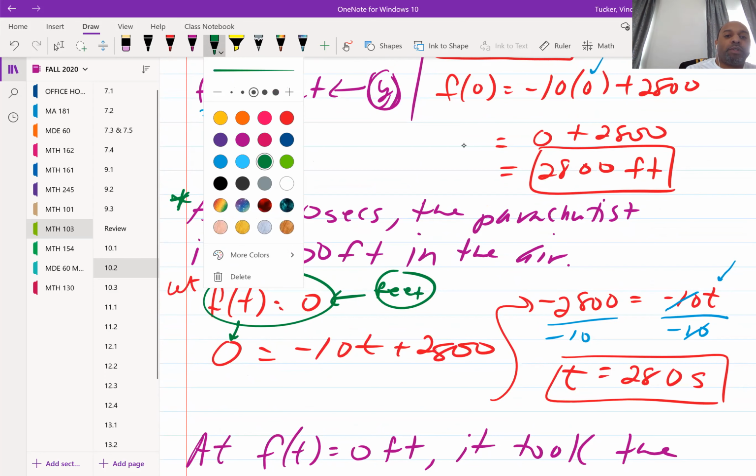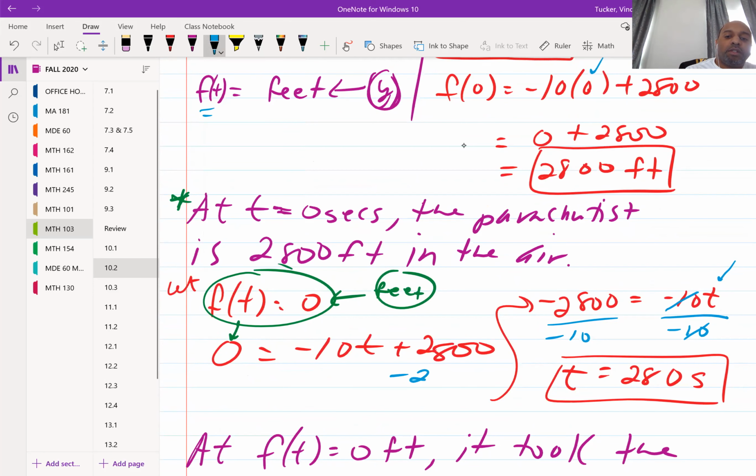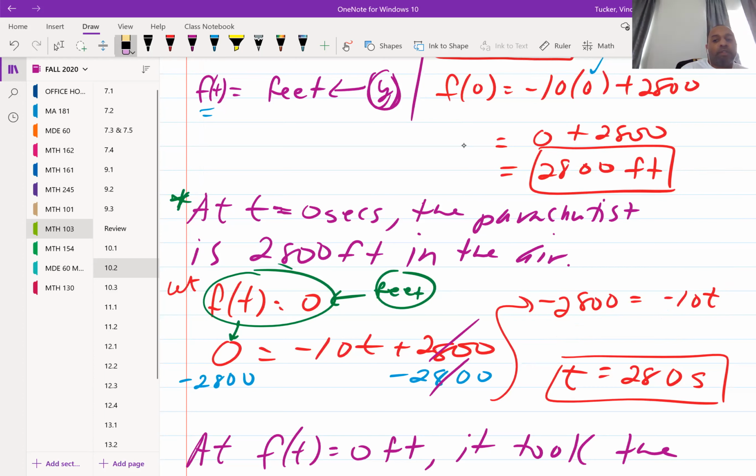All right, so now we solve for t. Subtract 2,800 from both sides. 2,800 will cancel on the right side. That leaves us with negative 2,800 equal to negative 10t. Then we'll divide both sides by negative 10.